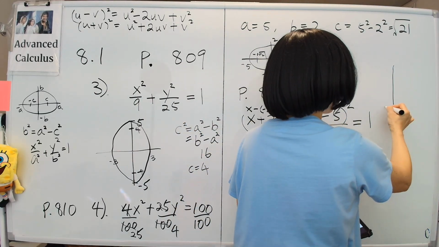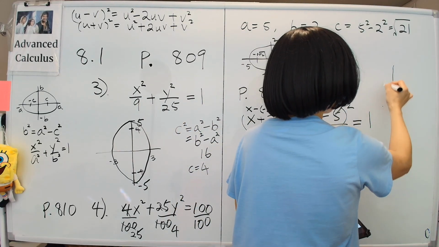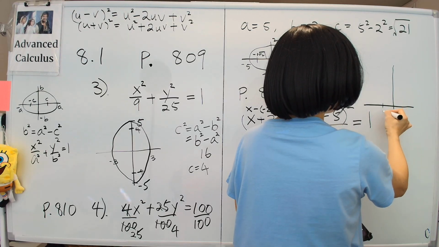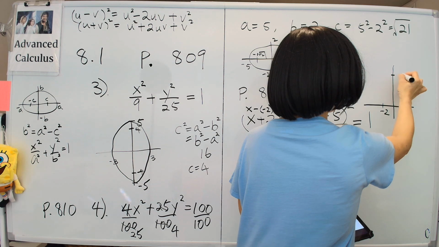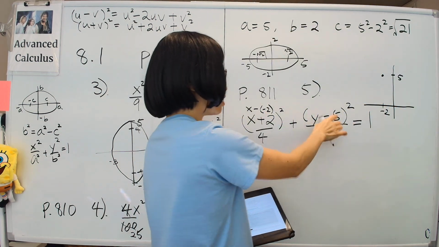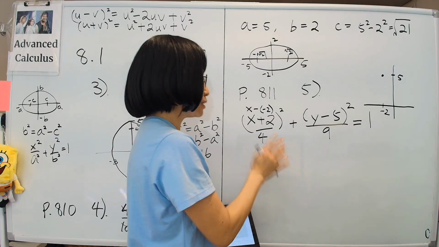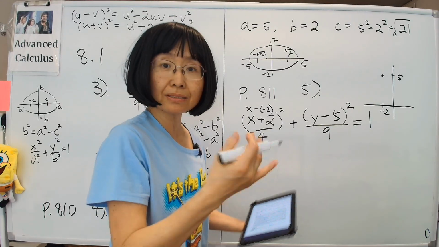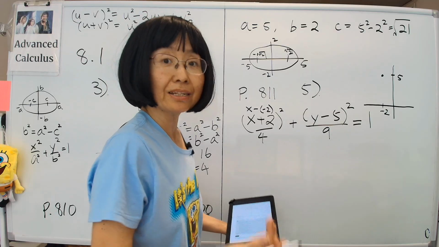Something like this. Okay, I'll draw it like that, I guess. -2, okay, and +5. That will be the center of the ellipse. This is always true, not just for ellipses, but for any formula: parabolas, hyperbolas, triangles, anything you can draw.